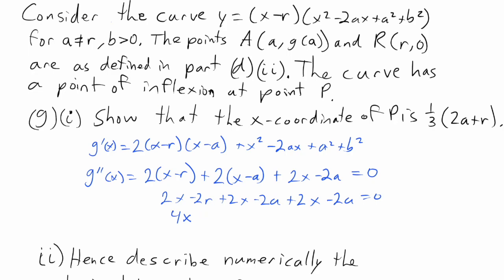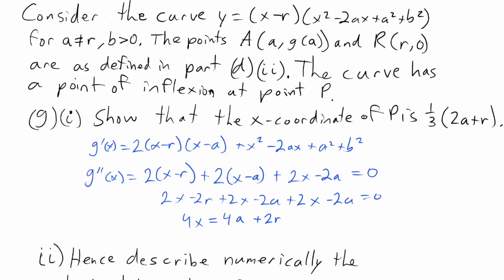Let's divide everything by... Now let's do this. 4x equals, and then bring the other things to the other side. We're going to have 4a on the other side and plus 2r. Oh, do we get 4a?